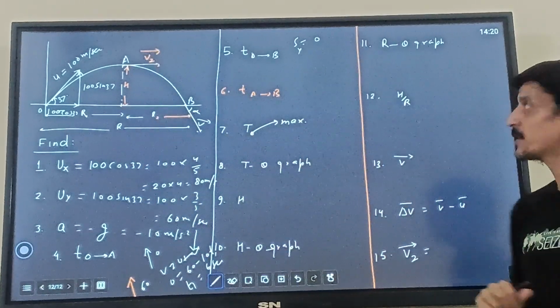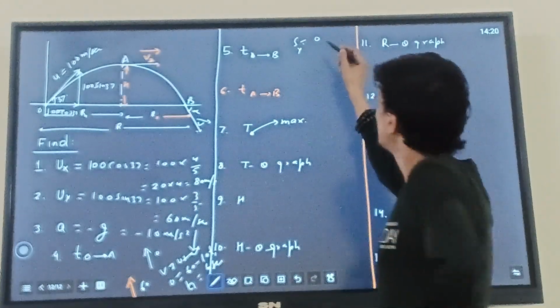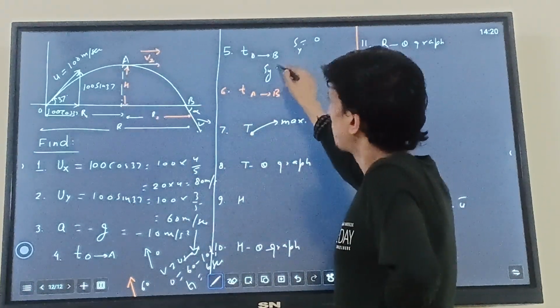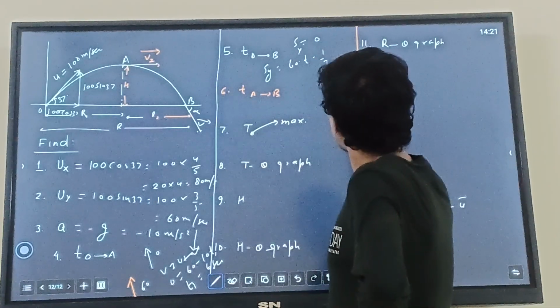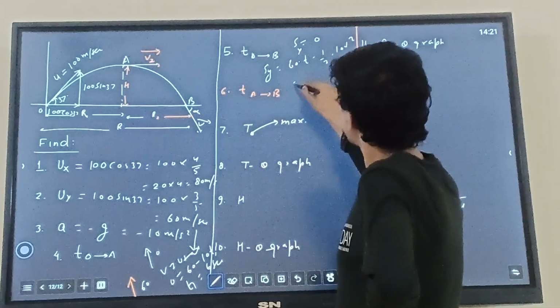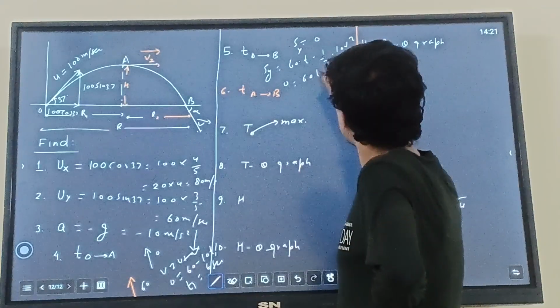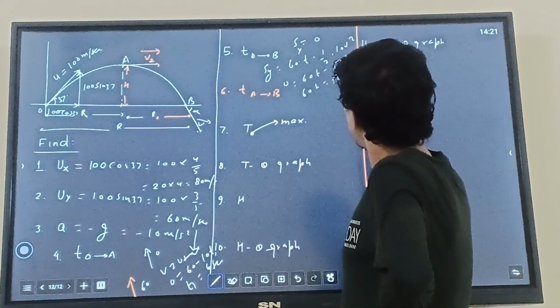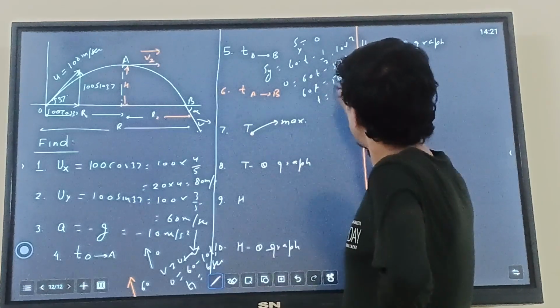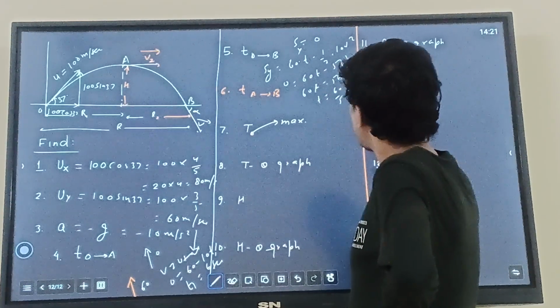Using the second equation of motion, displacement of y will be 60 into t minus half into 10 into t square. So if we solve it, it is 60t minus 5t square. So 60t is equal to 5t square. From here we can say that t will be 60 by 5, which is 12 seconds.